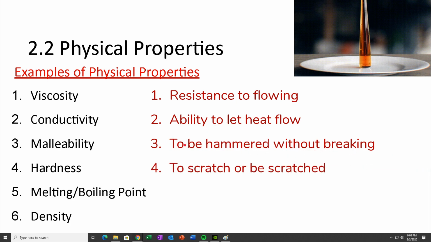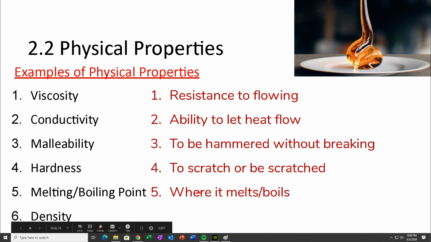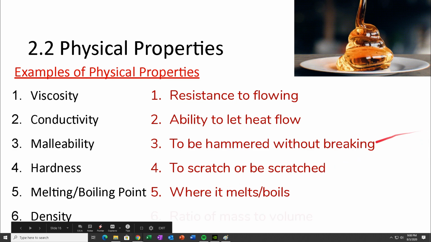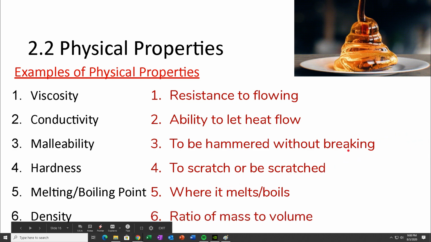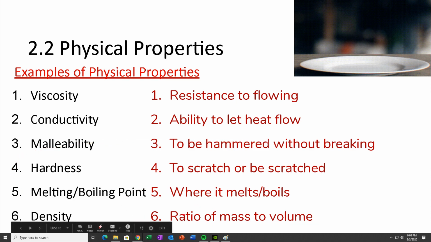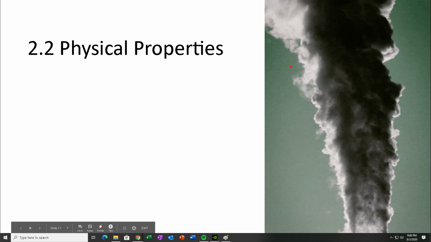Hardness is the ability to resist being scratched. Melting and boiling point: obviously, if you ever get this question wrong on the test, I have failed at my job. And density is a ratio of mass to volume. Again, we have a unit that we will go into later.